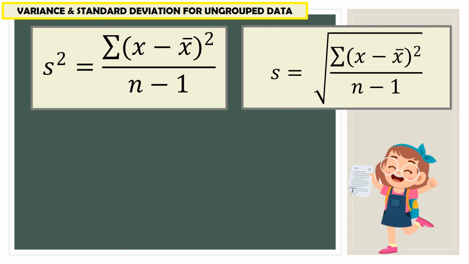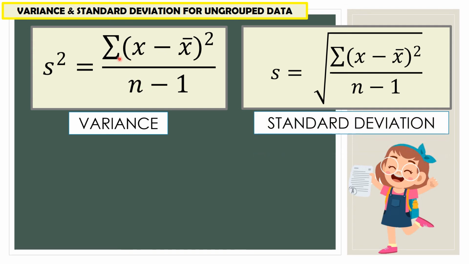Okay, here we have the formulas for variance and standard deviation for ungrouped data. Now the variance, we have this formula. The standard deviation is simply the square root of the variance.